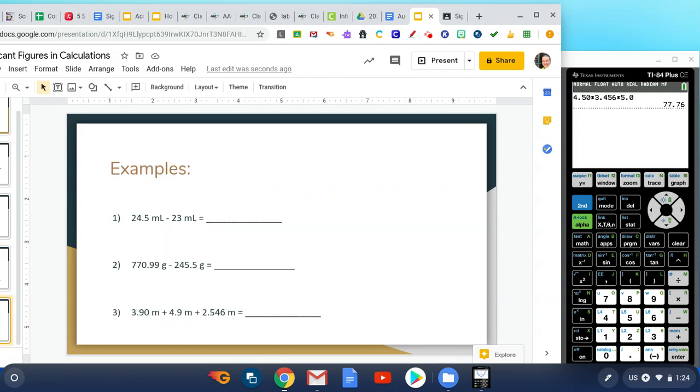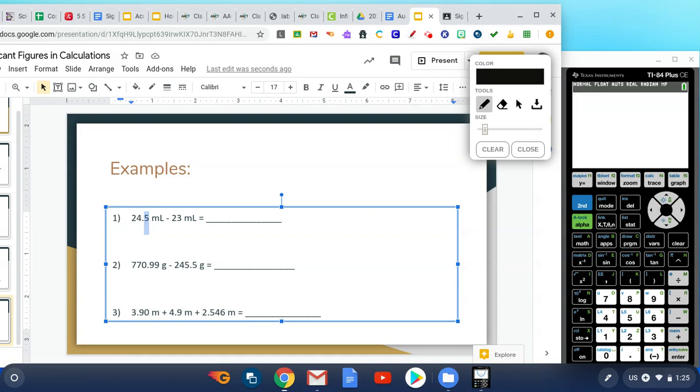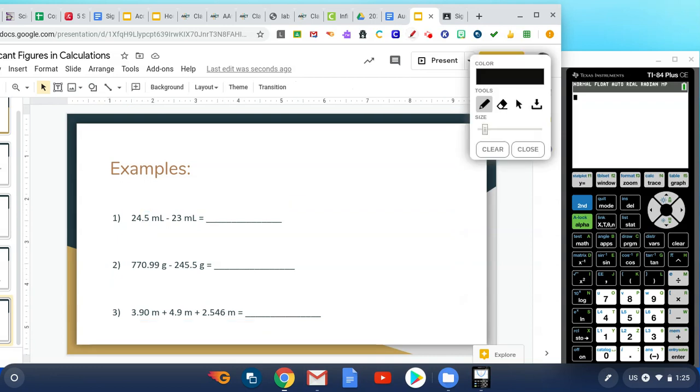Let's do some examples. So for the first example, I see that I only have one digit to the right of the decimal place here. When I look here, I don't see a decimal place, which means I have 0 sig figs to the right of the decimal place here, and I have 1 here.